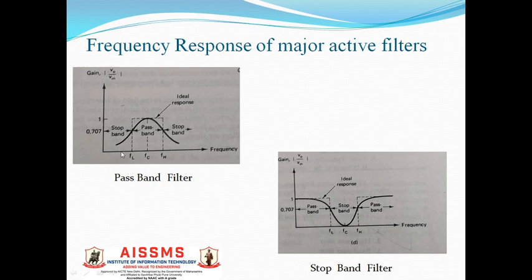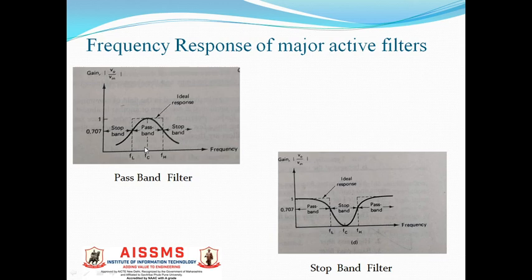If you check over here, the gain is 0 for the ideal filter, then the gain is as we want in the pass band, and again after FH the gain becomes 0. So the bandwidth of this filter becomes equal to FH minus FL.